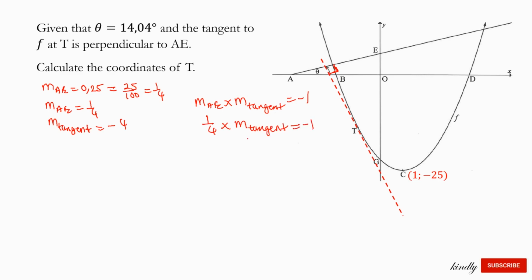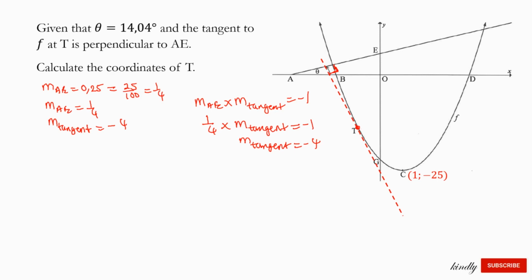Then we multiply by 4 on both sides of the equation, and we find that the gradient of the tangent is equal to negative 4. Just knowing that the gradients of perpendicular lines are negative reciprocals of each other is enough. So the gradient of this tangent is negative 4, meaning that the gradient of the function f here at T is equal to negative 4.